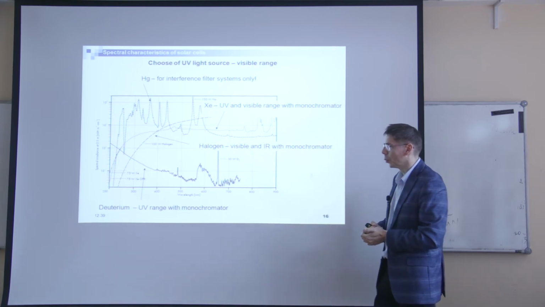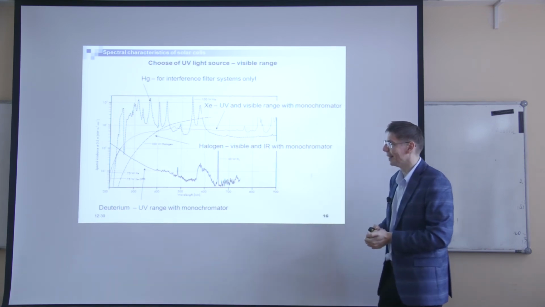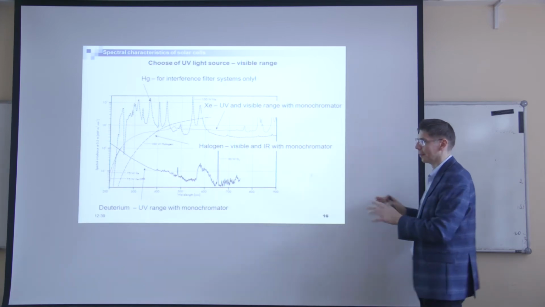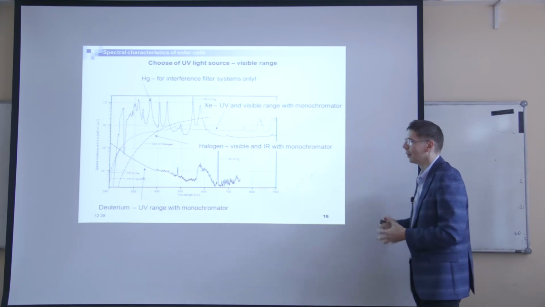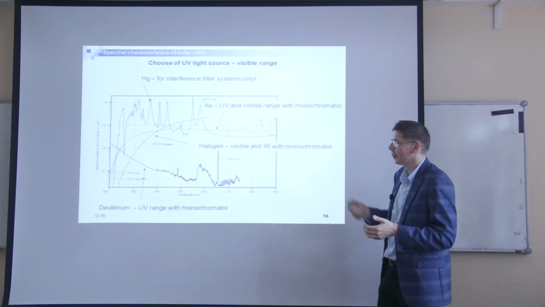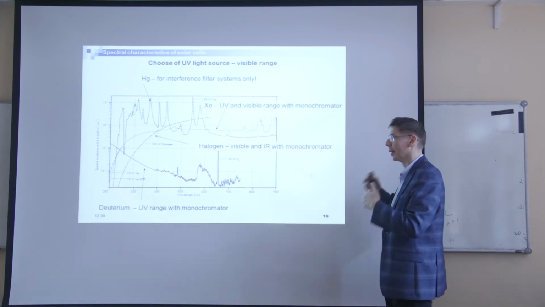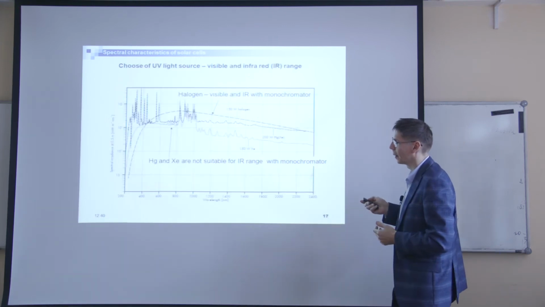You can go up to 180 in a nitrogen atmosphere, but below that you really need vacuum UV. But I mean, for PV application, it doesn't matter. It matters just if you are interested in some spectral measurements.